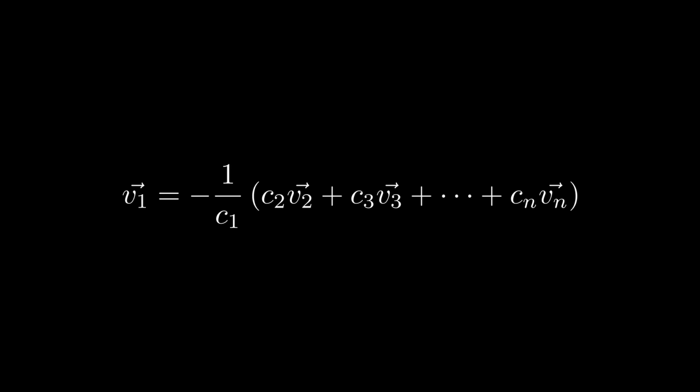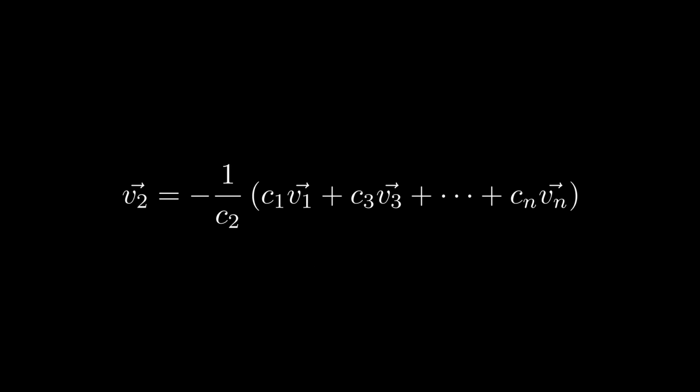Can you see what this equation is trying to tell? It says that the vector v1 can be written as a linear combination of the other vectors if c1 is not 0, making the set linearly dependent. Otherwise, we cannot write it because 1 over 0 would be undefined.